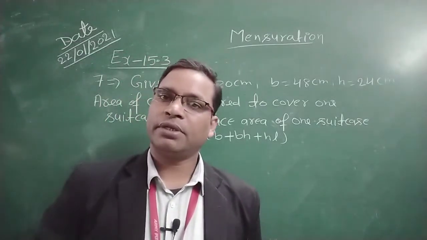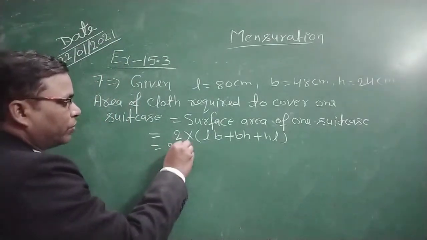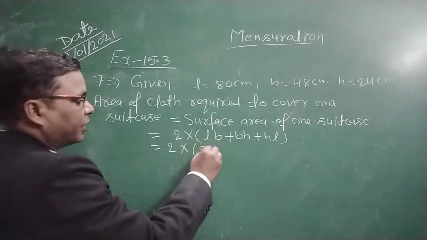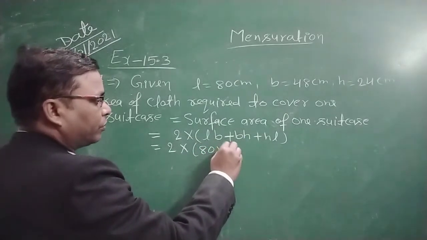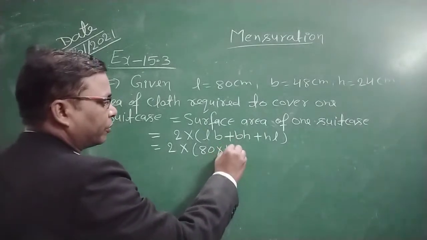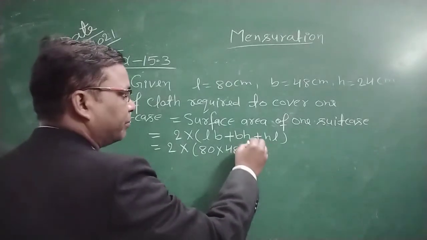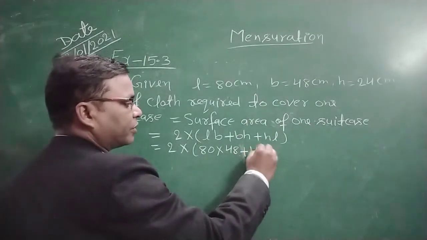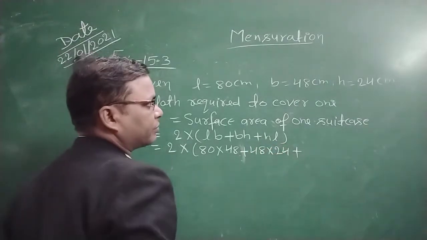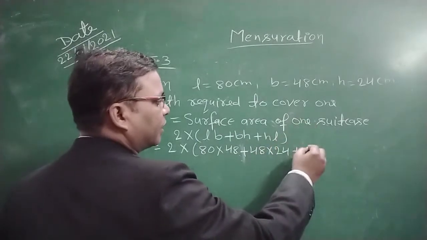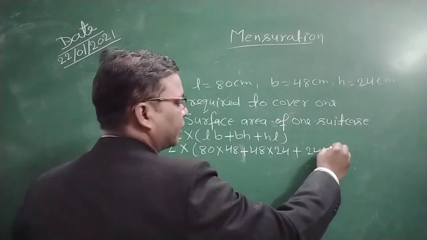So write here 2 into (80 into 48, plus B into H, 48 into 24, plus H into L, height 24 and length 80).